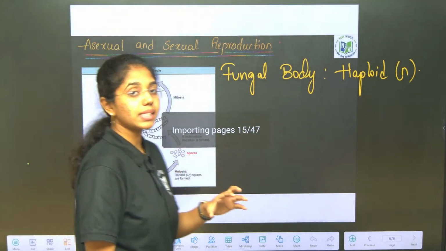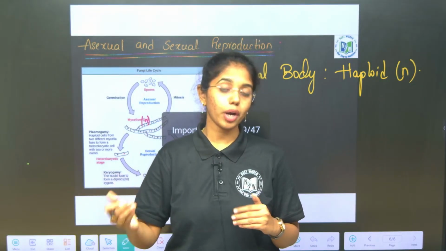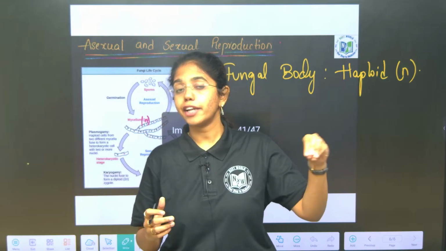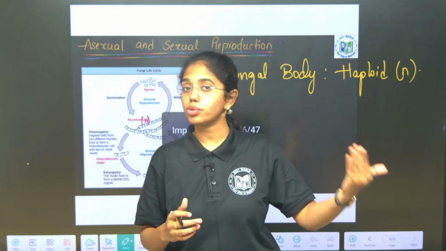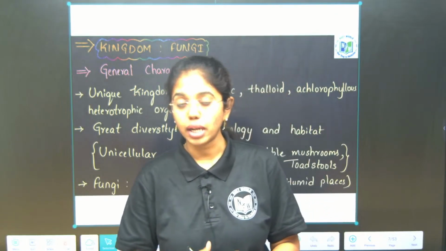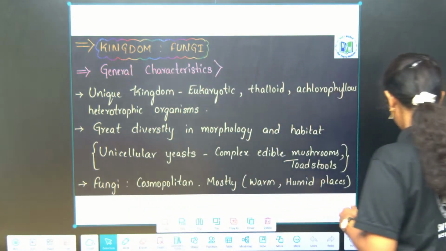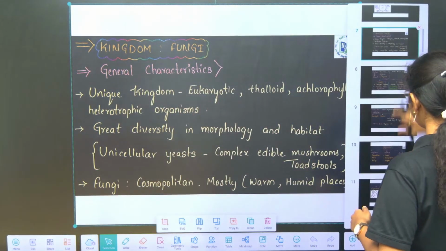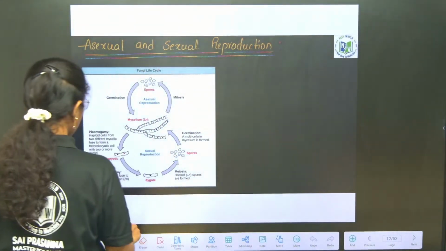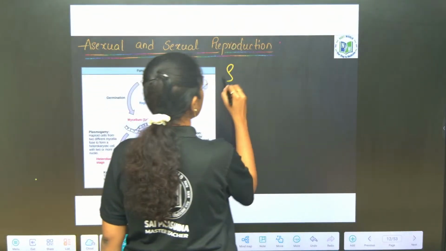The haploid mycelium, the haploid fungal body, will produce asexual spores which are haploid, they will replicate through mitosis, and then these asexual spores landing on a suitable substratum will give rise again to a haploid fungal body. When the mode of reproduction is sexual, what happens? Gametic fusion takes place. Two different strains of fungal body will get fused. This is the first step of sexual reproduction.